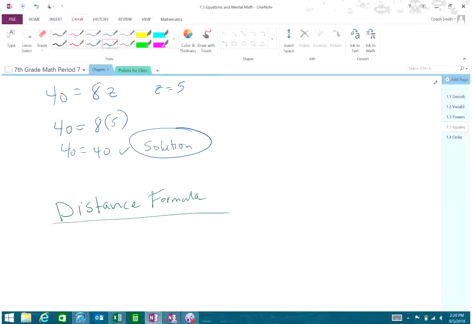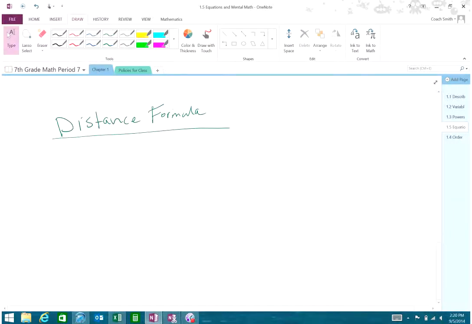Okay, the distance formula, like I said last year, we had it last year, but I told you last year that the distance formula would change a little in the sense of what letters they use.